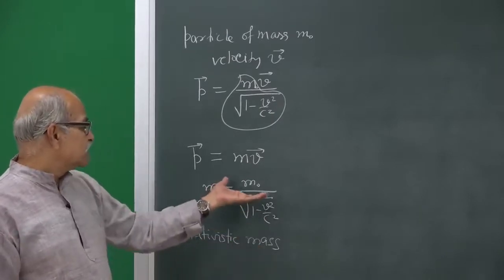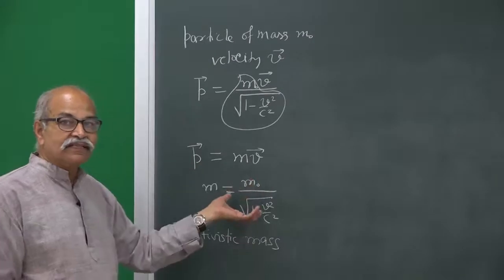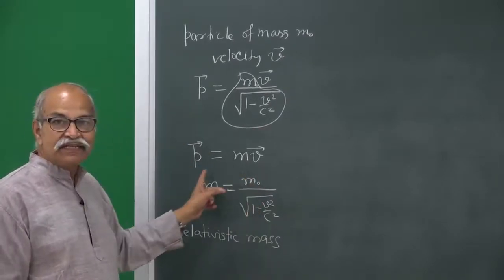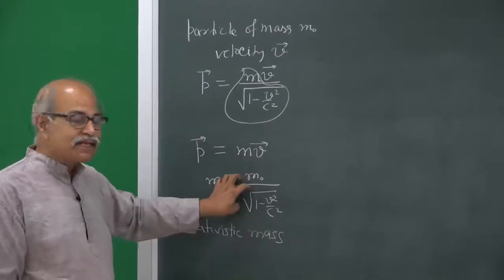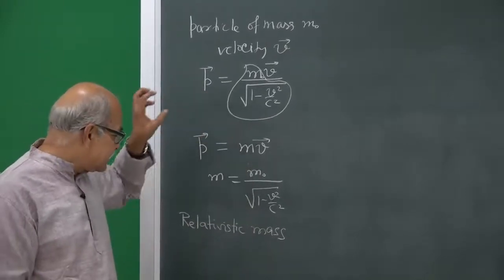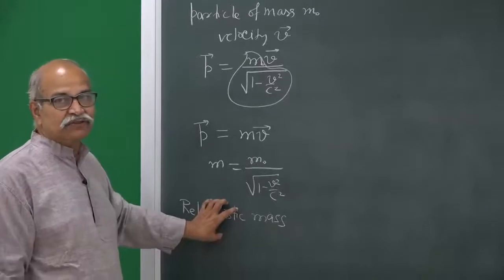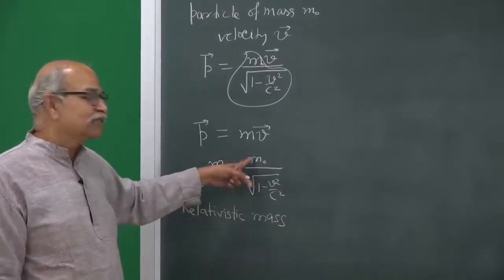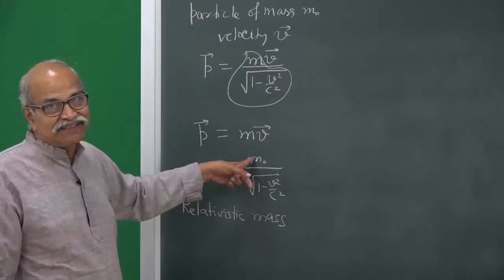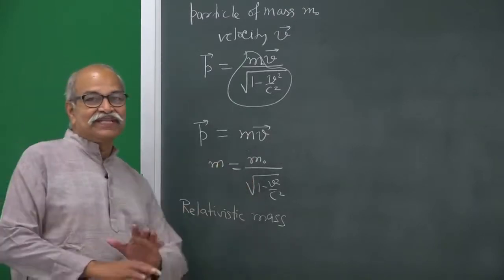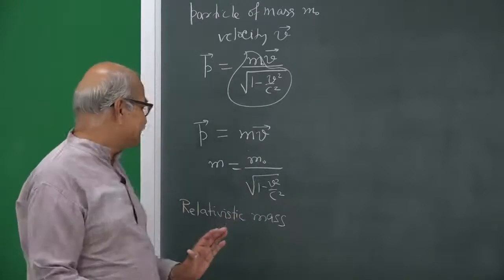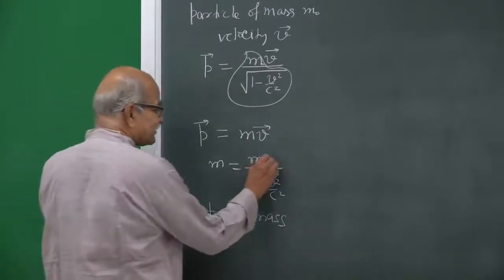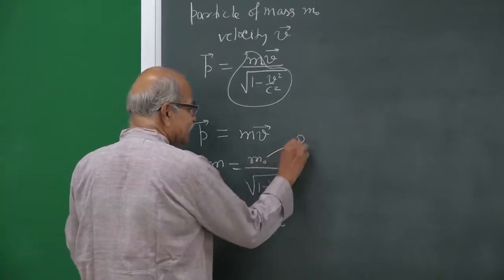It is a quantity that we have constructed. Mass of the particle is here, and this is a quantity that we have constructed, and we have given it a different name, relativistic mass. So, if I say just mass, I will be referring to the mass of the particle. To avoid any kind of confusion, this is also given a different name, and that is called rest mass.